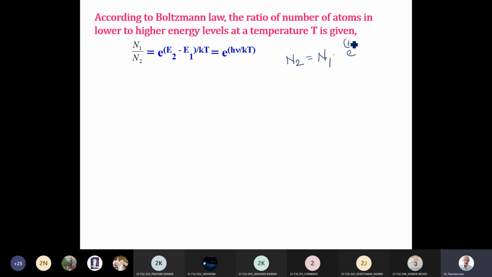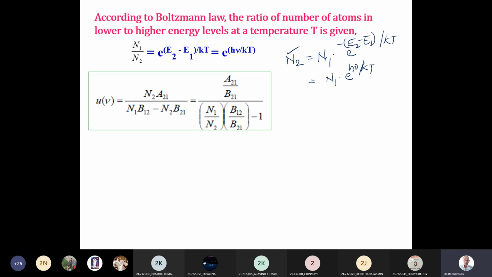This is equal to E2 minus E1 with a negative sign by KT. If I invert it, I'll get N1 by N2, so the minus sign will go out. But E2 minus E1 is nothing but h nu. Therefore, only a small fraction will be at the higher energy level. If I substitute that ratio there, I will get this equation. By substituting the N1 by N2 value in this, I will get this rho value.